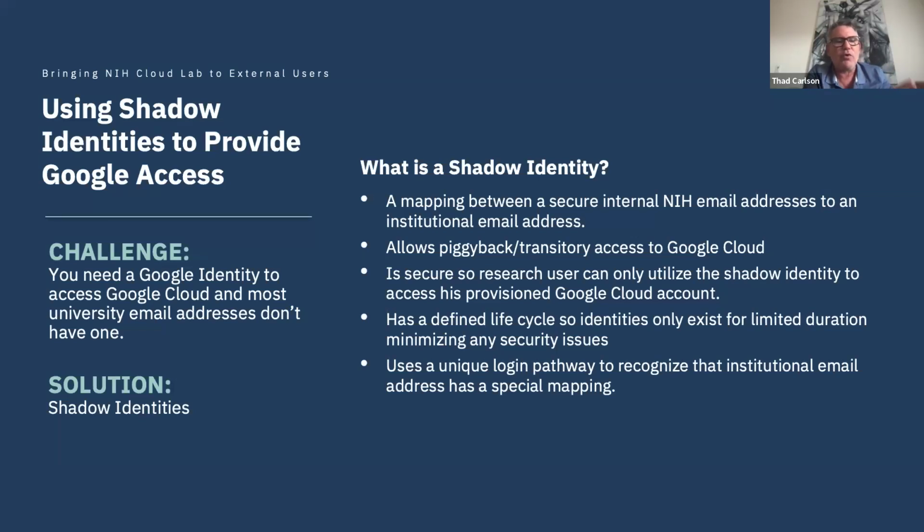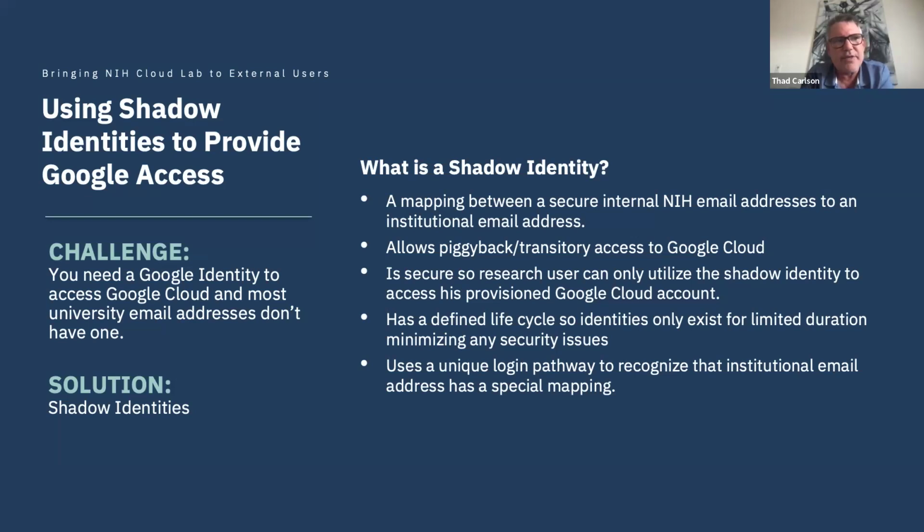So it was like a whole separate pathway that was then utilized so that we could use this process. And then someone could come in and utilize all the other NIH applications that they might be used to using and be able to also have this unique pathway that gave them access to Cloud Lab and to keep them separate.